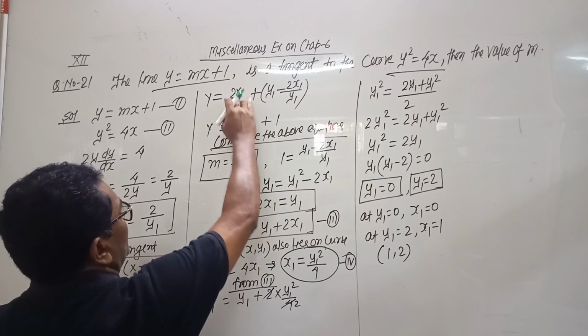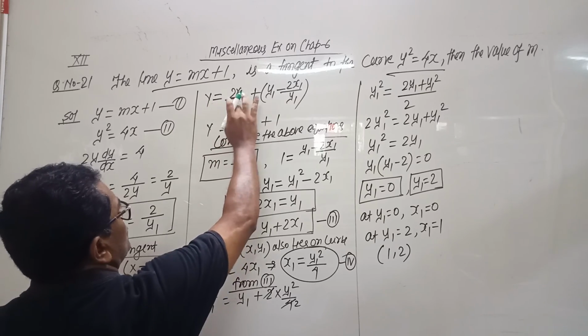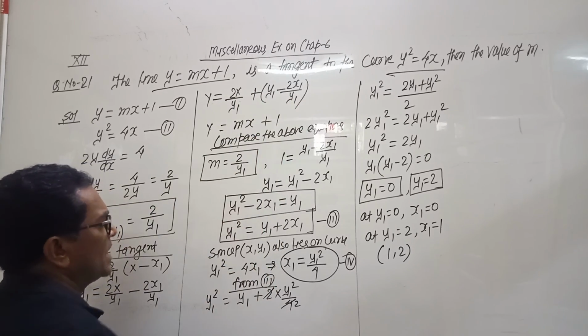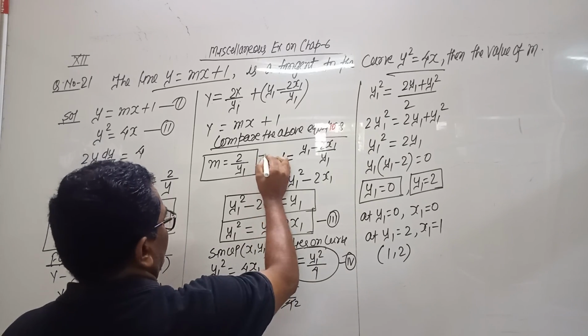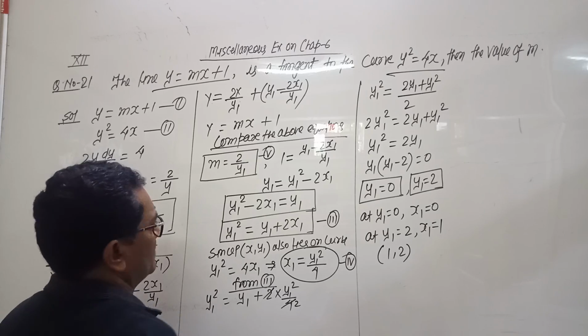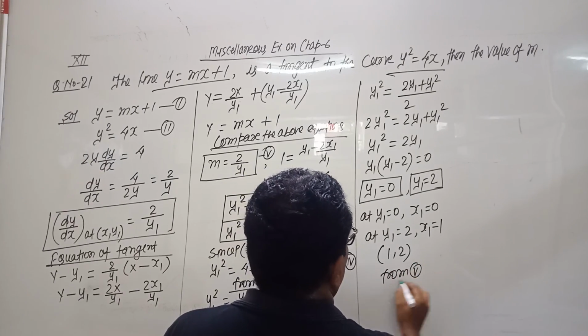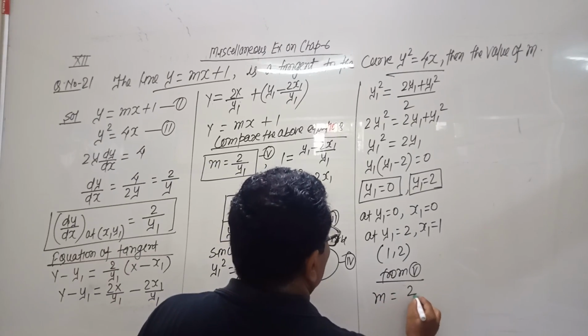So from the fifth equation we get m equals 2 by y1.